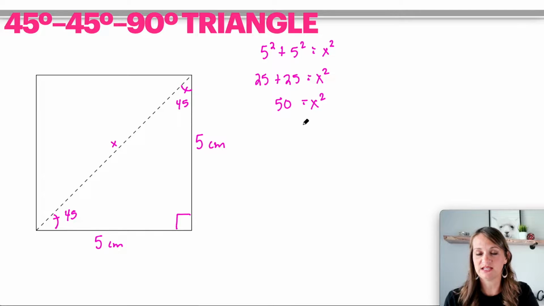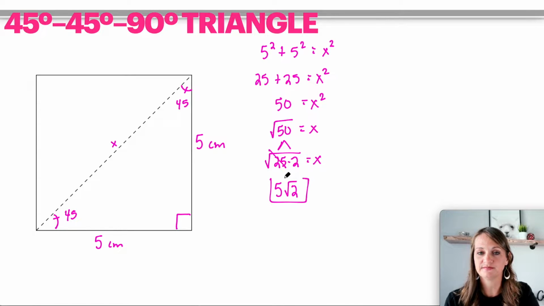And then to get rid of x squared, you're going to have to take the square root of 50. Now, the square root of 50 actually breaks down into the square root of 25 times 2. The square root of 25 is 5, leaving you the square root of 2. So if the side is 5, then the diagonal is going to be 5 square roots of 2.